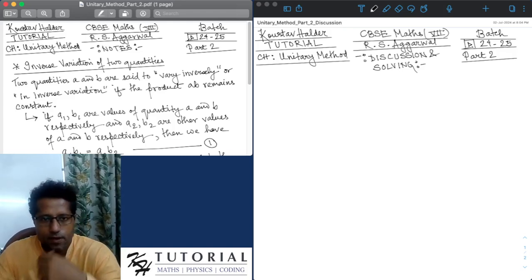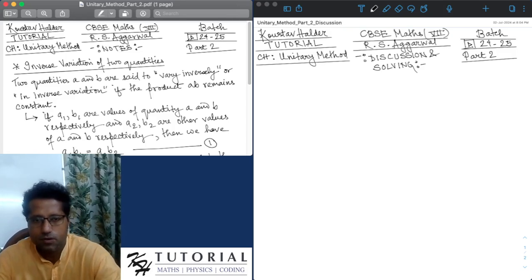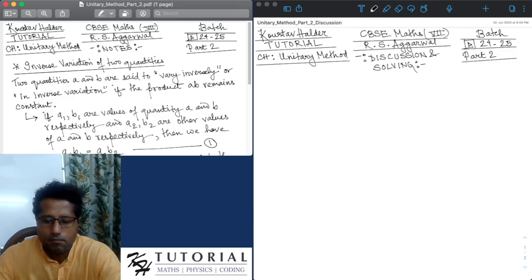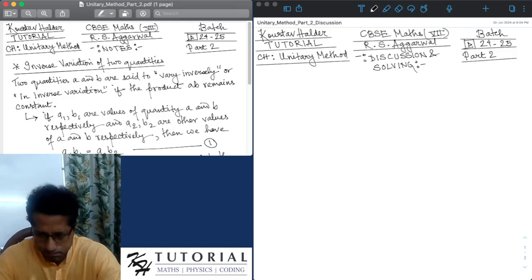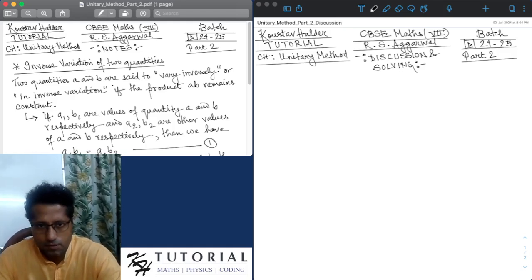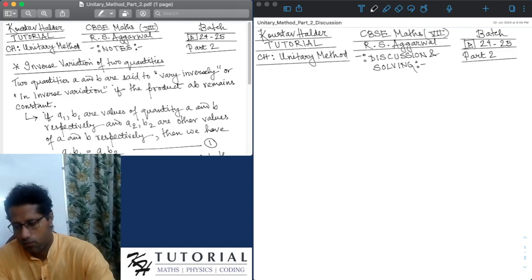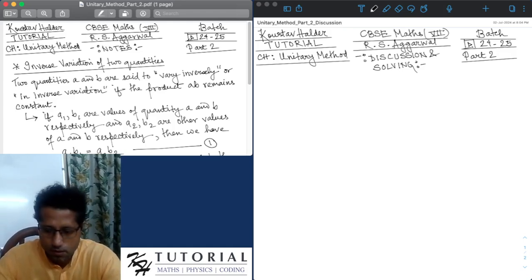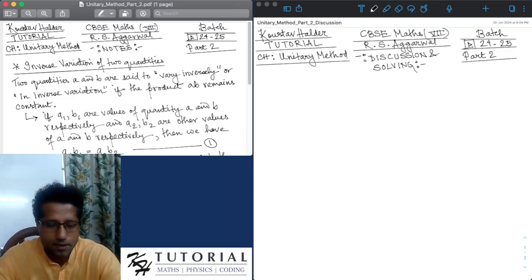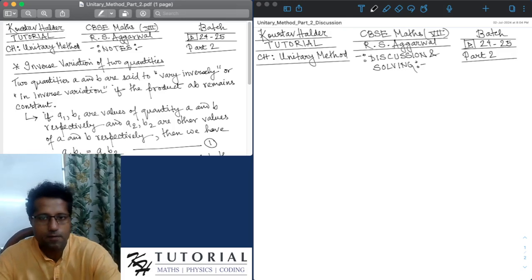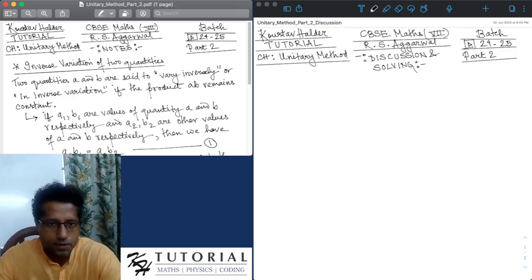Here, A and B are not actual values; they represent some quantity that will have some value, let's say the cost of a product, or the speed of a car, or the time taken by a car to travel a distance.